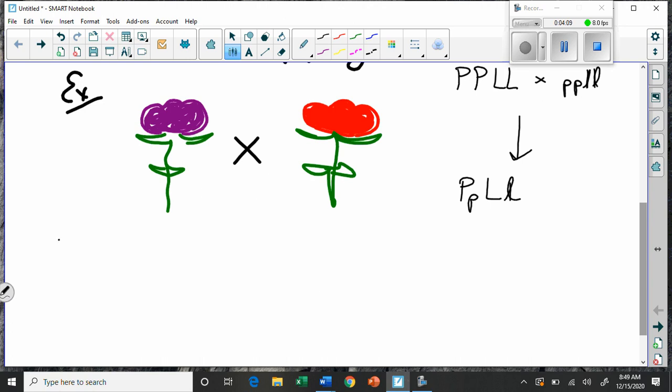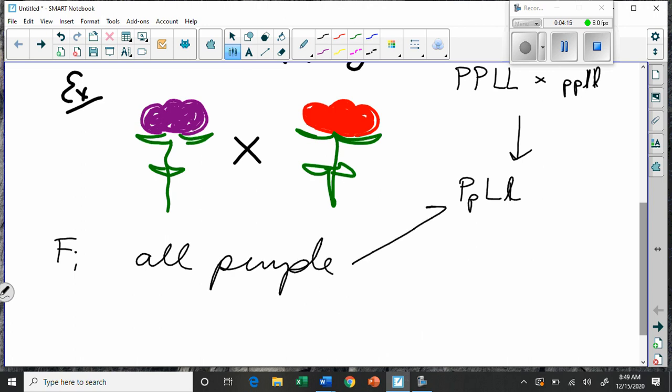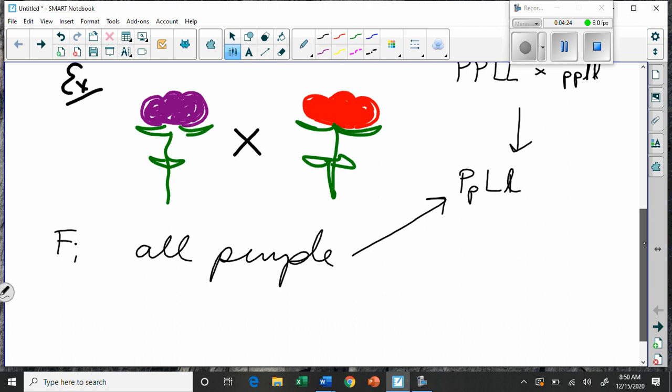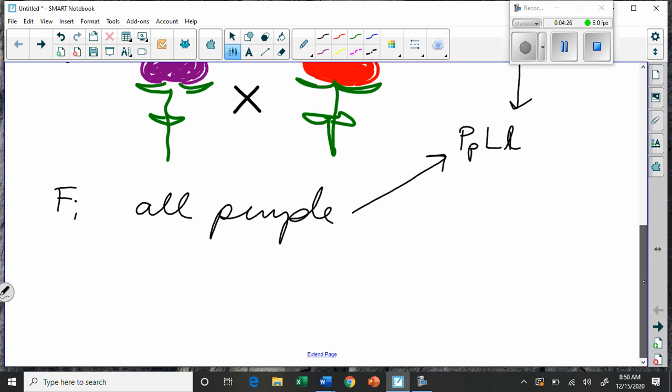So in the F1 generation, I'm just going to write all purple. But they have this genotype. So they're now heterozygous because of the cross. Then what we do is we cross the F2 generation. So we take those flowers and we cross them again.